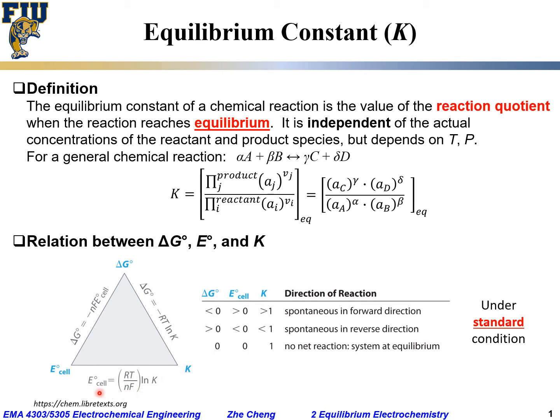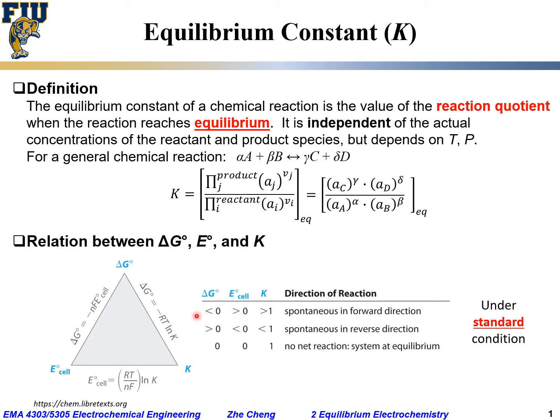And when the standard cell potential is 0, there will be no net reaction, which means the equilibrium constant would be 1. And these are the signs and what they mean in terms of direction of reaction.